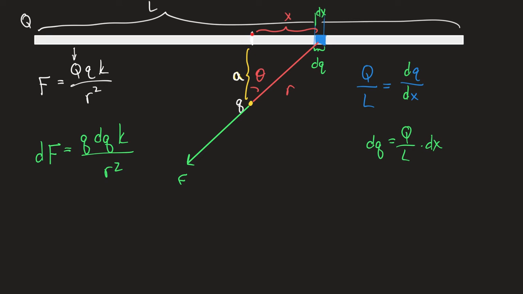But then my first piece of charge is over here, L over 2 to the left, and I want to include every piece of charge until I get all the way over here, L over 2 to the right. So I'm going to use the variable x to be a placeholder for where every one of those charges could be.